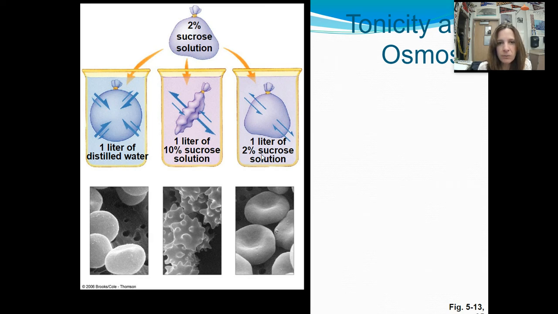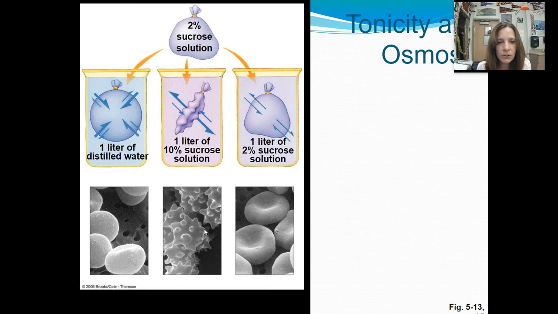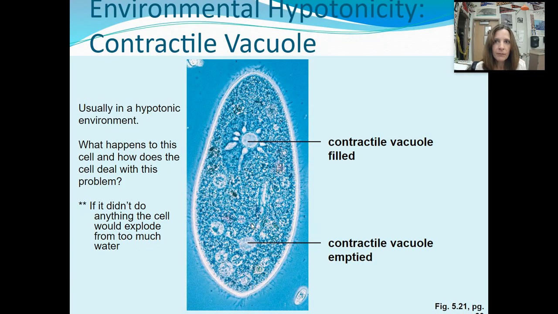And then if it's 2%, they're going to stay the same. So this one would be hypotonic because water moves into the cell and there's less solutes outside, so more water outside. This one is hypertonic, which means that there's more solutes outside, and so water is going to go from its high concentration inside the cell to outside the cell. And then this one is isotonic.